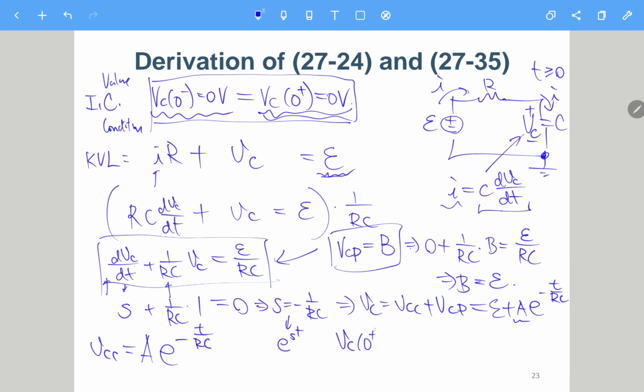VC(0+) will be E plus A times exponential to 0, which is 1, so this equals 0. So we have A equals negative E, and then we can plug this back in. So finally, VC will be E times 1 minus exponential to the negative T over RC. So this is the solution.